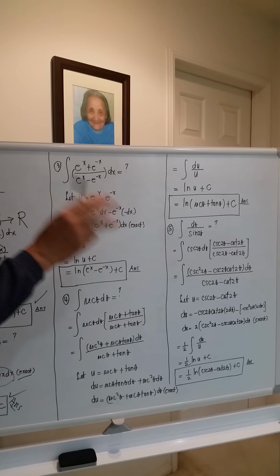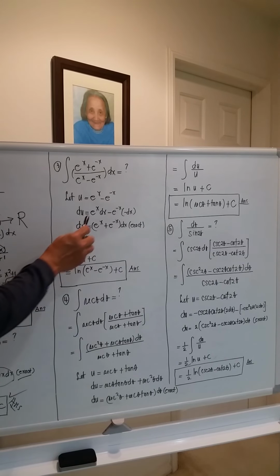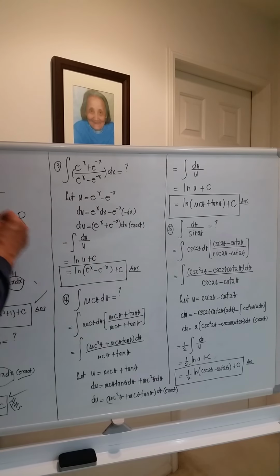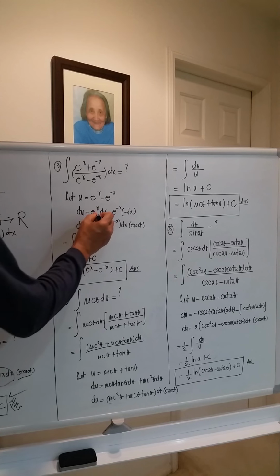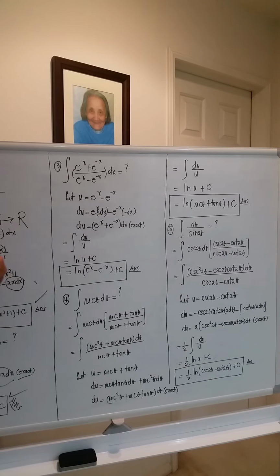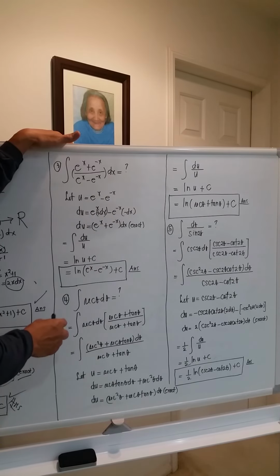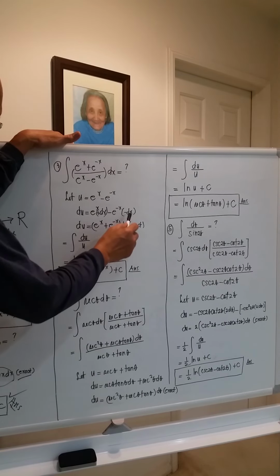We should verify the value of du if it is correct. du will be equal to e to the x times dx, plus because this is plus, minus e to the minus x, and the differential of minus x is minus dx.